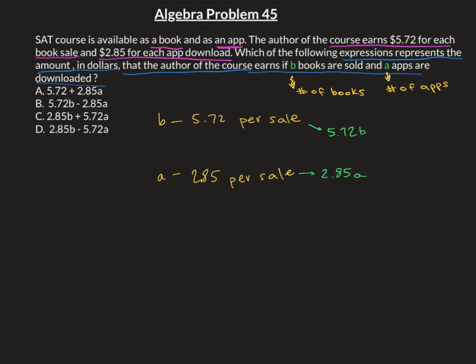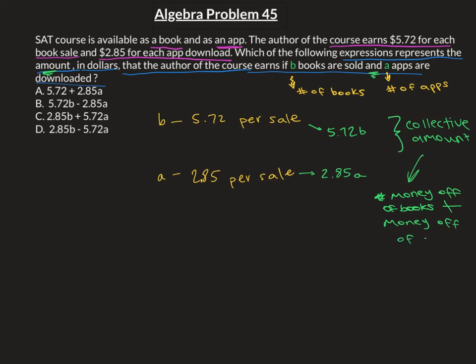Now there's no keyword in this such as total, but from the context and by this word amount, and this word and, we're able to know that it's a collective amount. What I mean by that is money off of books plus money off of apps.